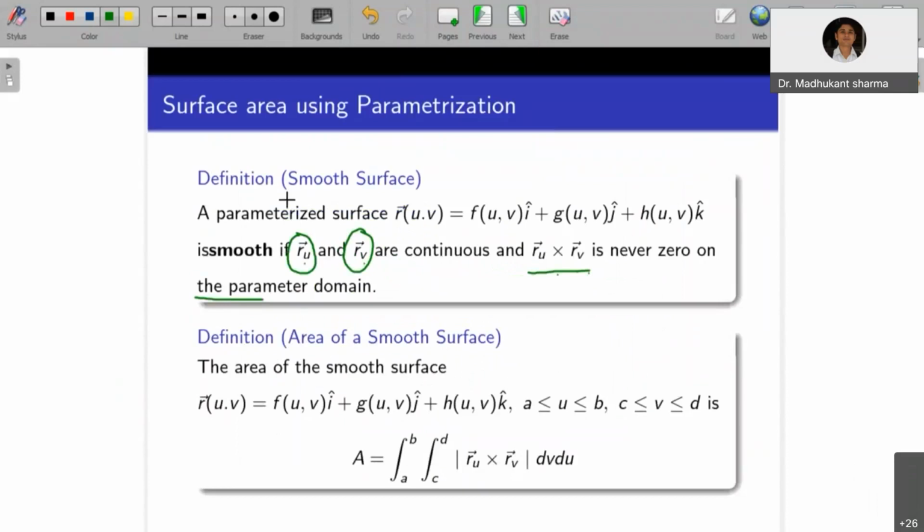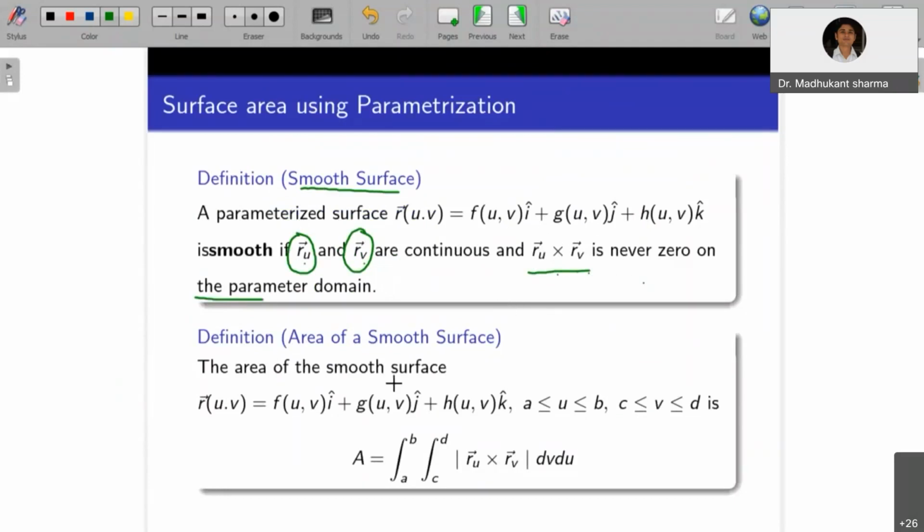To verify whether the surface is smooth, you have to verify that this cross product, which you know how to compute by a determinant, is never zero on the parametric domain. Also, you need to verify that the first order partial derivatives are continuous.